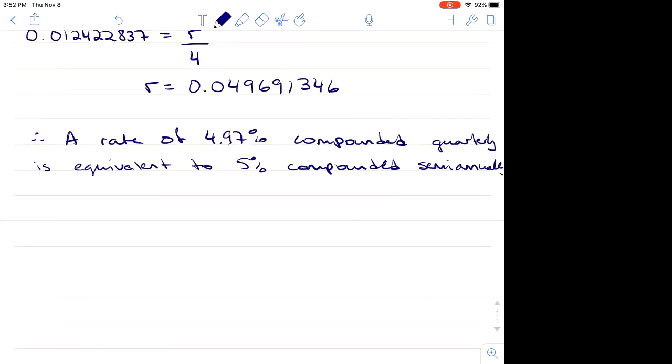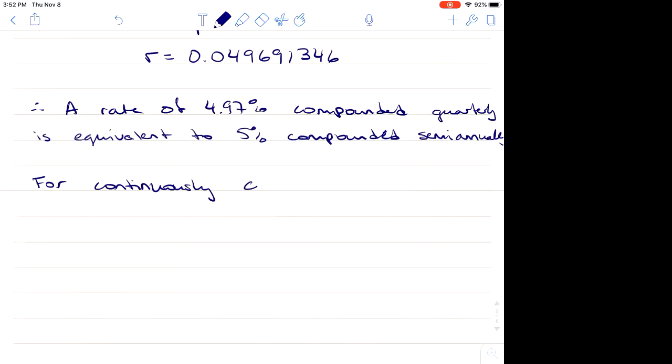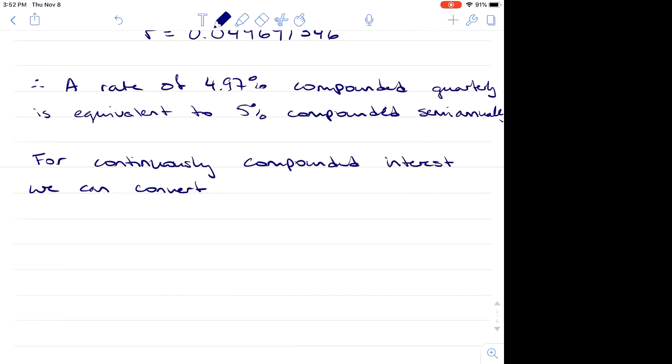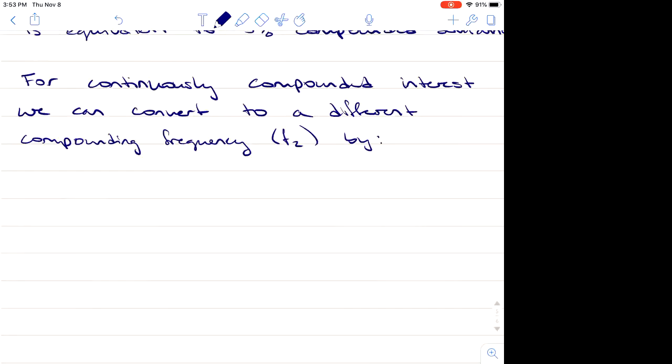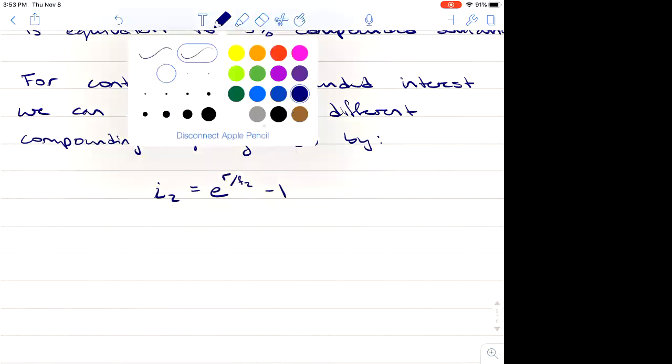So for continuously compounded interest, we can convert to a different compounding frequency F2 by using the formula I2 is e to the power of r over F2 minus 1. Of course, this is on your formula sheet.